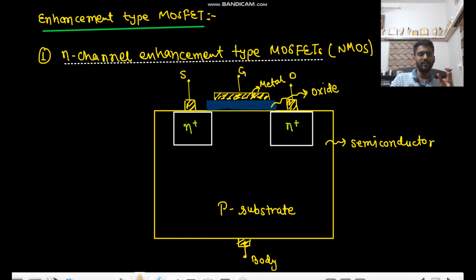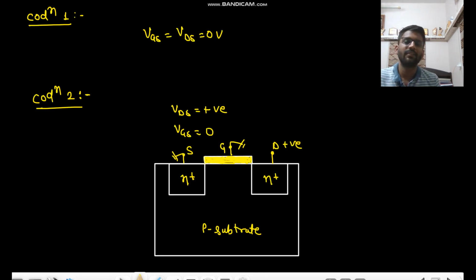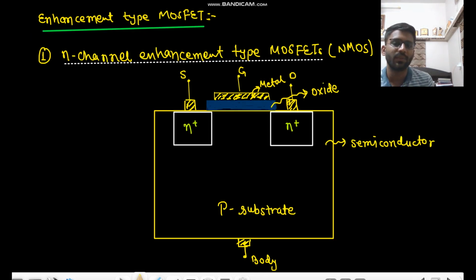We will start by applying some voltage across gate and drain, because I have already told you that source and body are short circuited and taken as a reference, so both will be grounded. So at gate and drain we will apply some potential and see what happens. The first condition is when VGS and VDS are both 0, so no voltage, zero current. There is no voltage that can attract the charge carriers, so zero current.